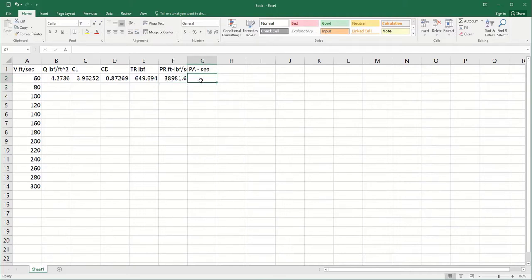Then the power available is the horsepower times the propeller efficiency times the conversion factor. And we don't have to put the density ratio here because it's sea level. All right, so that's similar to what we did before. Now, how do we change that to go up to altitude? I'm going to copy and paste these, but then we're going to have to adjust.